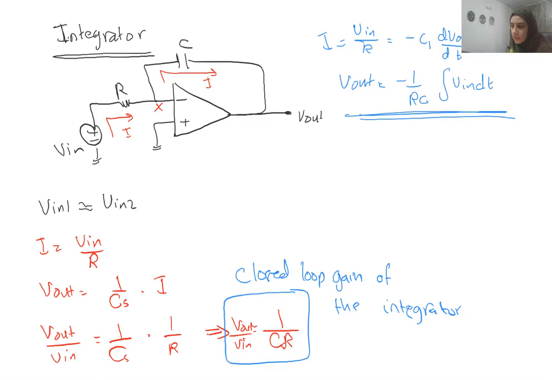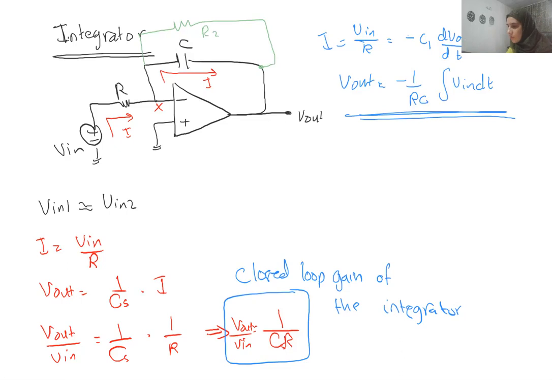And it's a very useful circuit. We will need it, or you can use it in multiple applications. Now you can see here at DC, this has a sort of infinite gain. If you want to have a fixed value of gain, you can place a resistor R2 in parallel with this capacitor, and we call it in this case a lossy integrator.